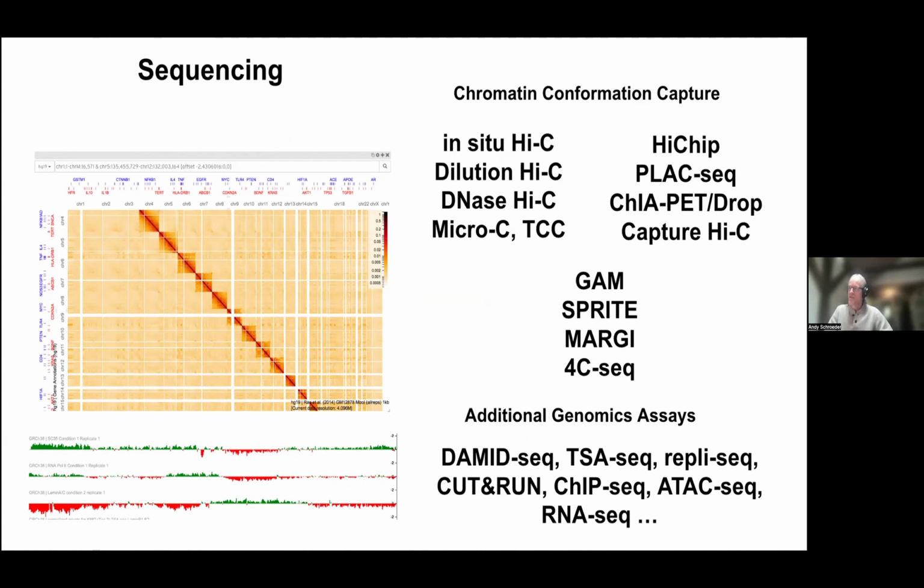On the left, we have the various flavors of Hi-C that are done, and more variations are being developed all the time. So in situ Hi-C, dilution Hi-C, DNase Hi-C. These are variations that use slightly different enzymes or techniques to get at the data.